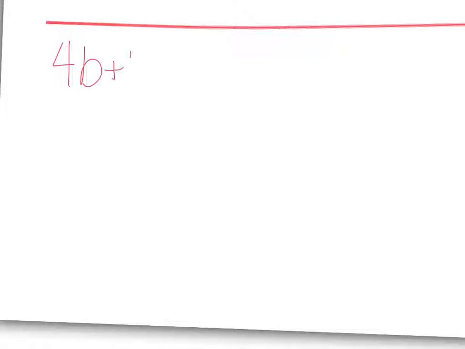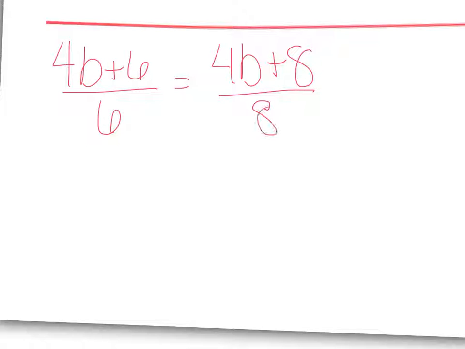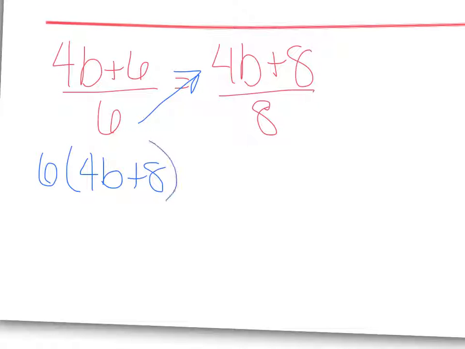Let's do 4b plus 6 over 6 equals 4b plus 8 over 8. This time you have to be super careful twice because I have quantities in both of my numerators. When I look at my cross products, I have to be really careful that I'm taking 6 times the quantity 4b plus 8, and I'm going to set it equal to 8 times the quantity 4b plus 6.